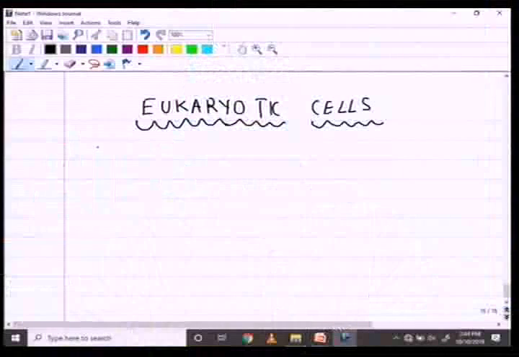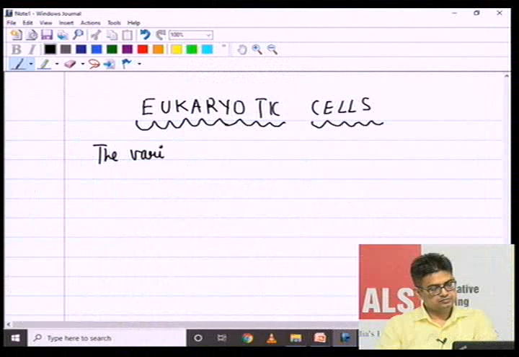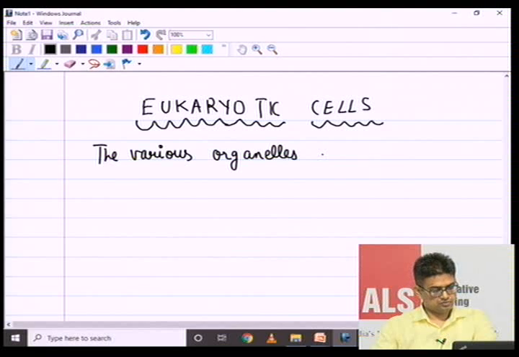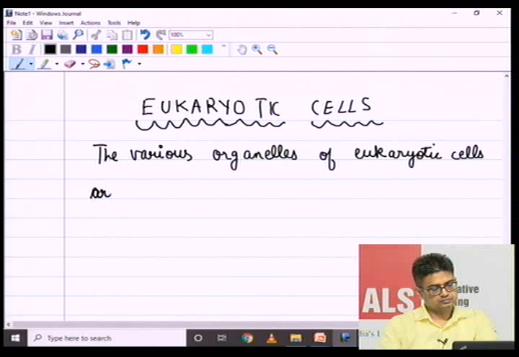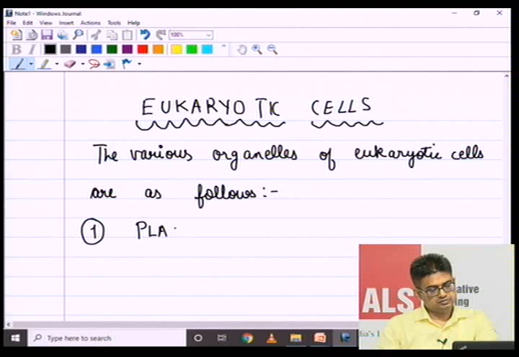Okay, so the various organelles of eukaryotic cells are as follows. Number one, plasma membrane.